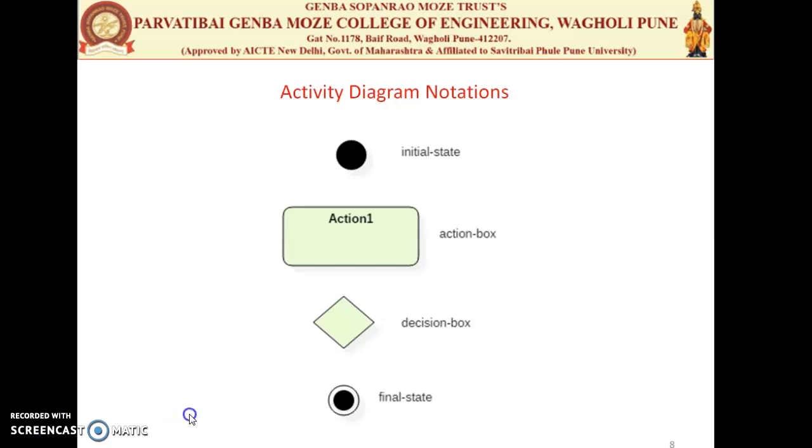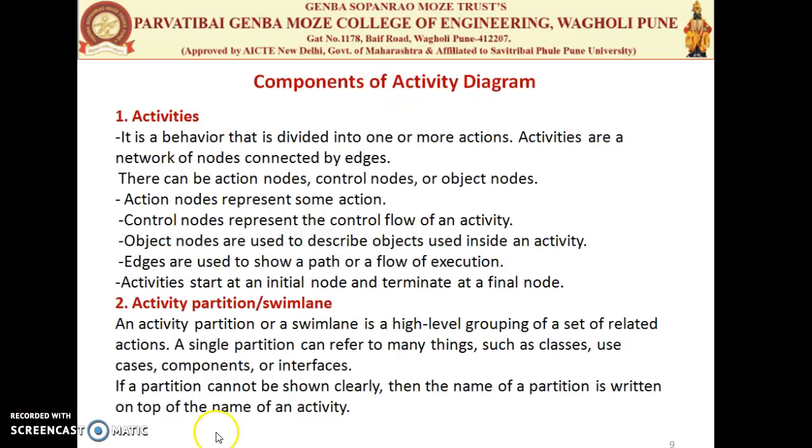Now let's see the components. The activity: as I have already explained, the behavior of the overall system is divided into a number of actions, which we call activities, drawn as a box with rounded corners. Whenever an activity is considered, the control is always transferred from one activity to another.